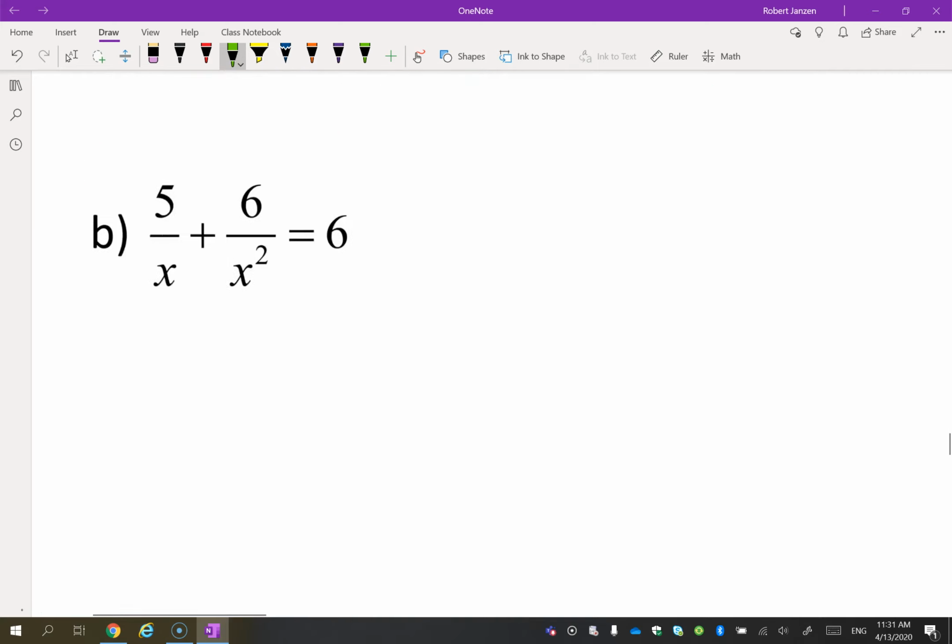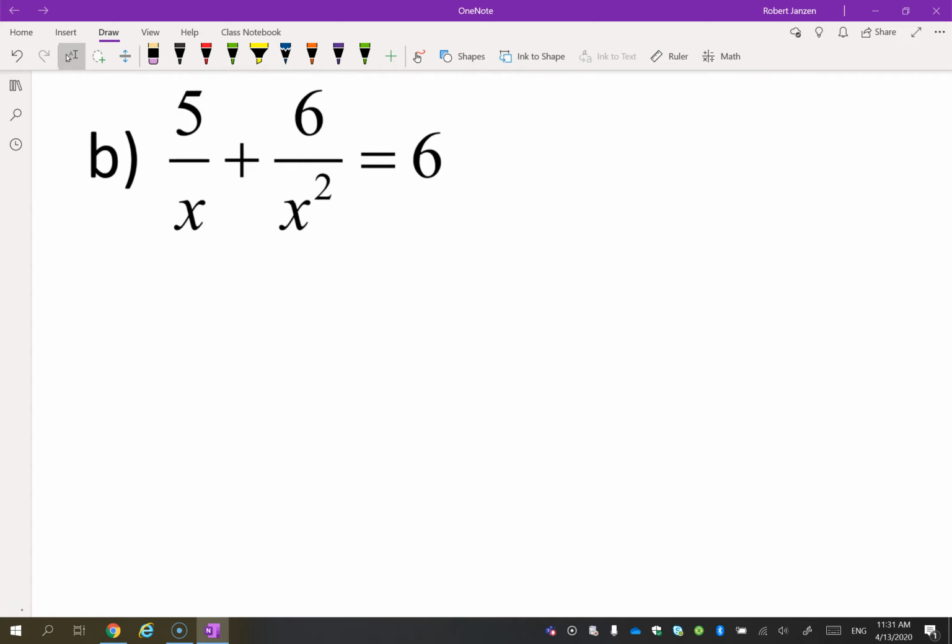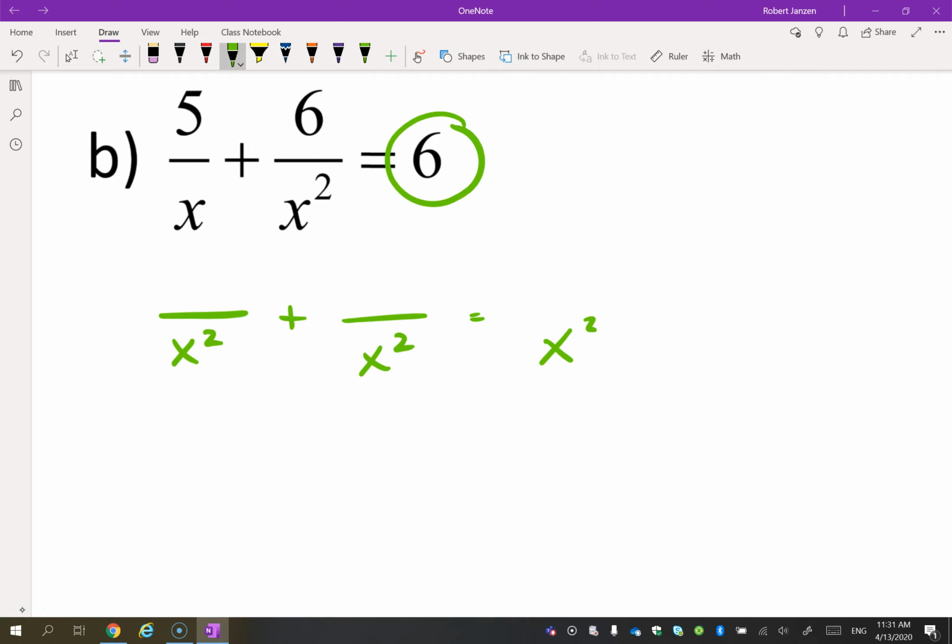Okay? Let's try another one. What is the least common denominator here? Well, I think it's going to be x squared. Now, really, you don't need to find the least common denominator if it's not a fraction.